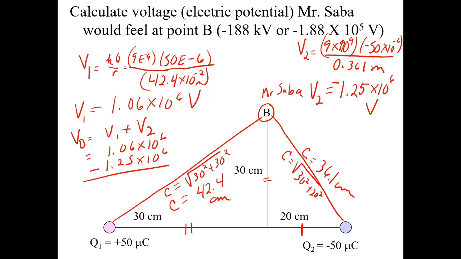And we get negative 1.86, oops, there's my 6, times 10 to the 5th volts. So the bottom line on this is that the negative charge wins because it's a bit closer. So overall, at that point, the voltage would be reading as negative.